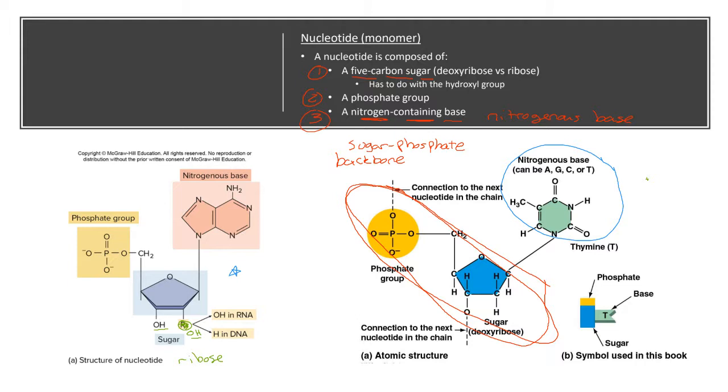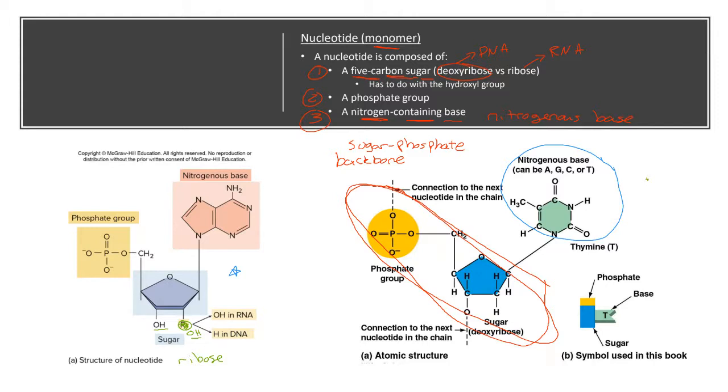So, things to know about this slide. Again, a nucleotide is a monomer. If you put a bunch of monomers together, you make a nucleic acid. A monomer or nucleotide is going to have a 5-carbon sugar. If it's DNA, it's going to have deoxyribose. If it's ribose, it's going to be RNA, depending on the sugar, and I'll show you the differences.